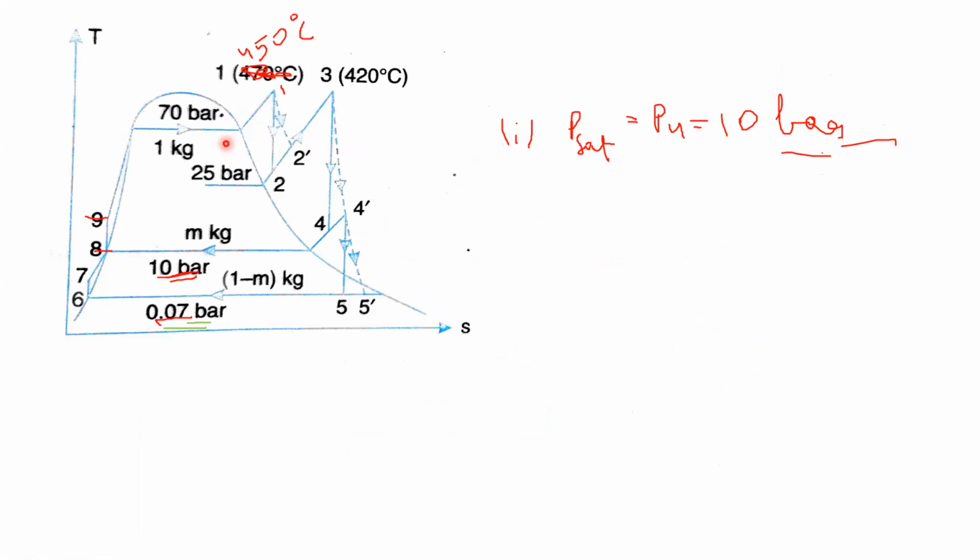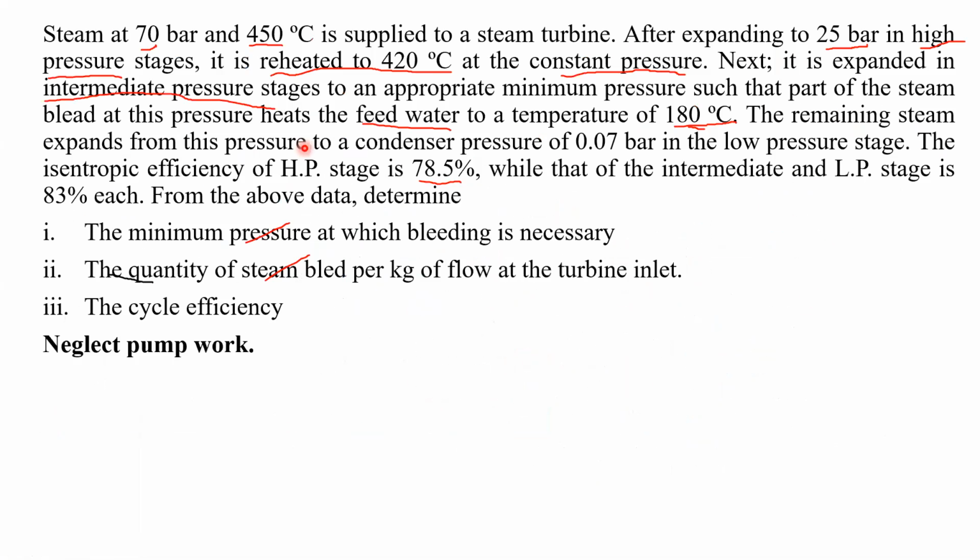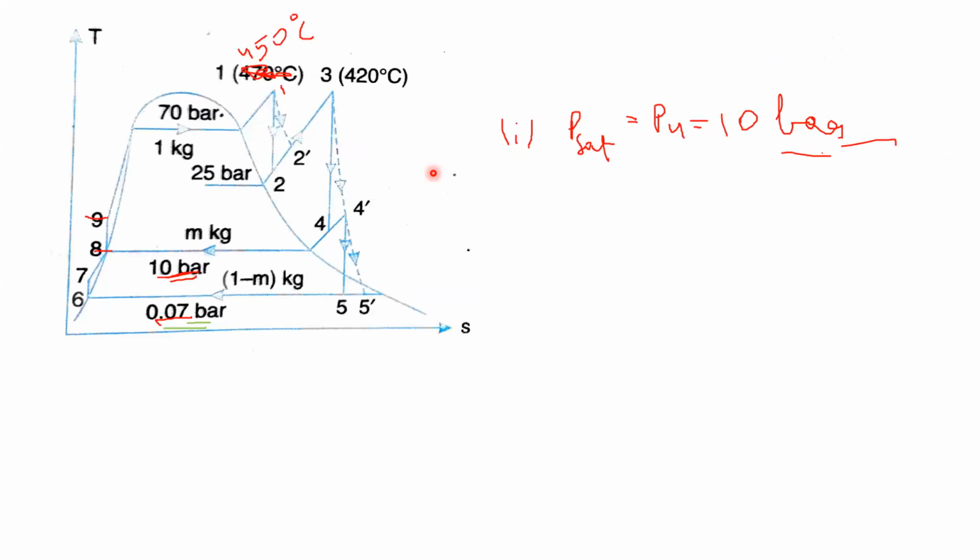In the diagram, 1 to 2 is the ideal expansion process, that is the isentropic expansion process. 1 to 2 dash is the actual expansion process, which I take because the efficiency of the turbine is given. Then 2 to 3 is a reheating process. Then 3 to 4 is an isentropic expansion, and 3 to 4 dash is the actual expansion.